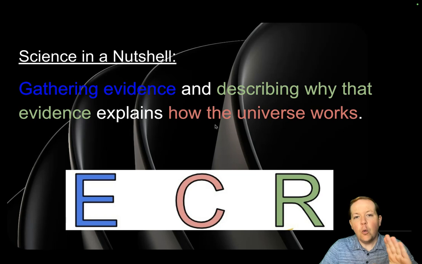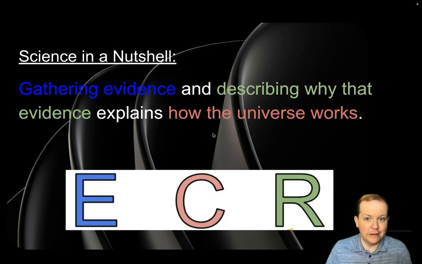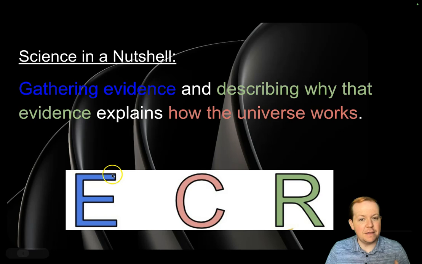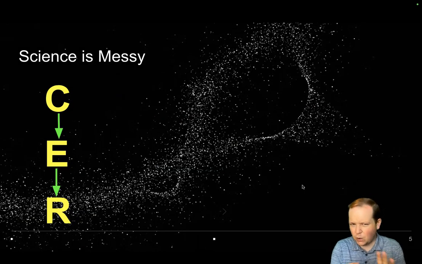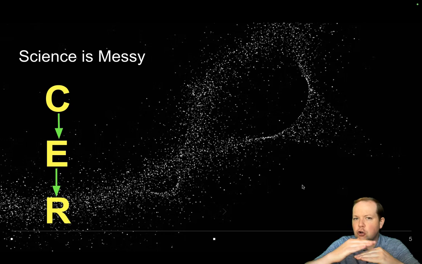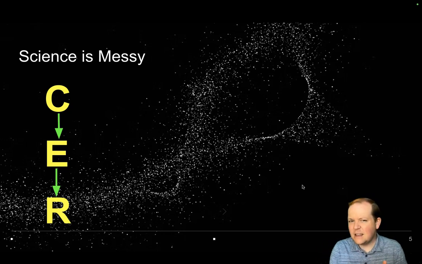Now, notice, while we often write a conclusion as C and then E and then R, science is not often done that way. In fact, it's rarely done that way. Usually, we look at the evidence that's been gathered, we use that evidence to make a claim, and we explain why that evidence is supporting that claim. So I just want to be a little clear. How we conclude a scientific paper or a lab is not the same way that we conduct scientific experiments.